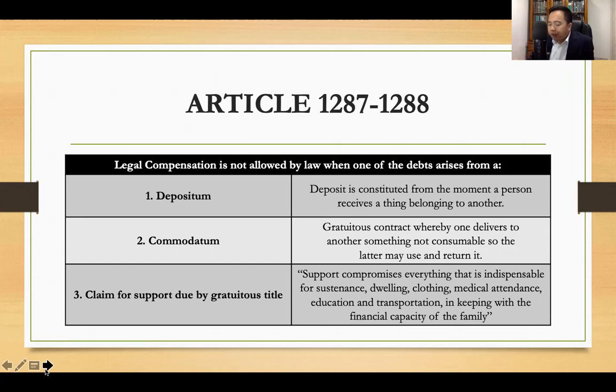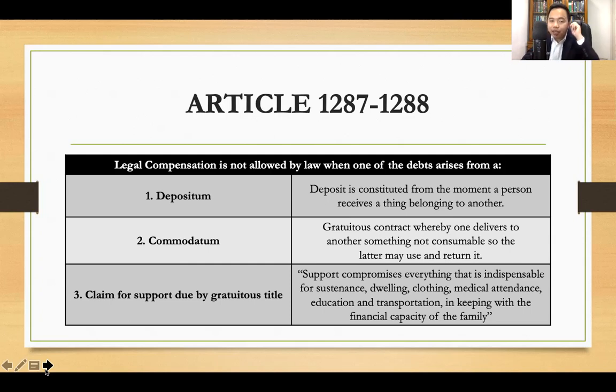For example, you are traveling abroad and you would like to transfer to another person a valuable property for safekeeping. That is a contract of depositum. Now, that person to whom the property has been deposited happens to be your creditor.